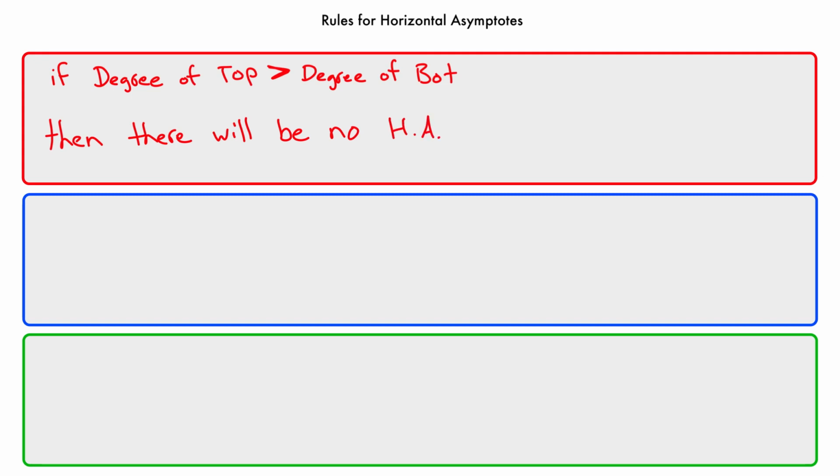So what do I mean by that? I'm going to do a little example. I'm going to write an equation. A rational function, by definition, is just a polynomial function divided by a polynomial function. What we're going to analyze is the degree of each of those polynomials.